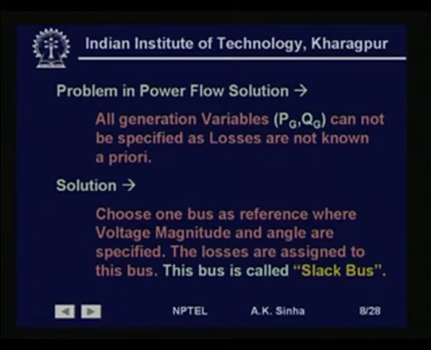Generally, this is a bus which has very large generation available, so that there is no problem for it to take up the losses. This bus in power system terminology is called a slack bus, because it takes all the slack, that is, all the losses in the system.